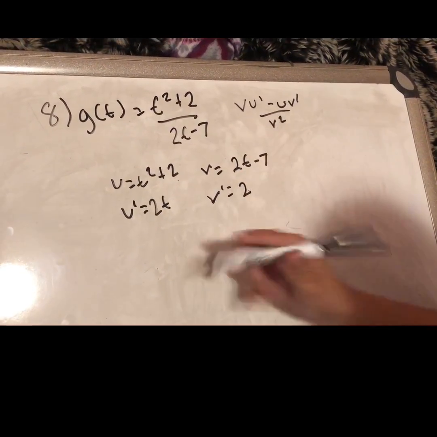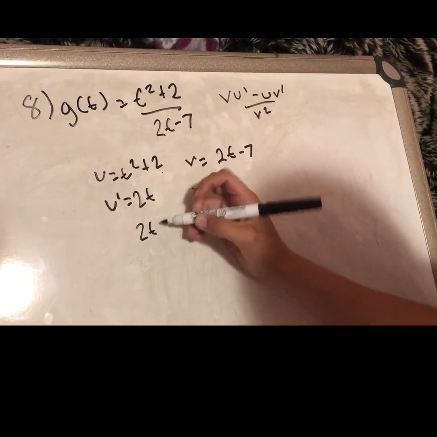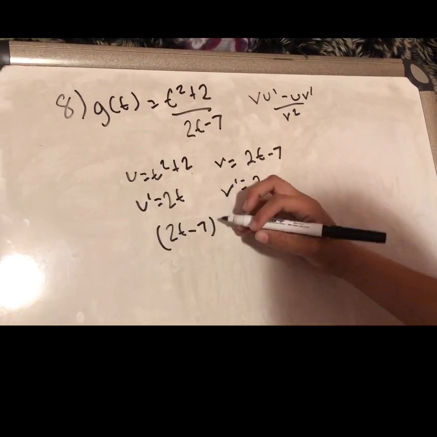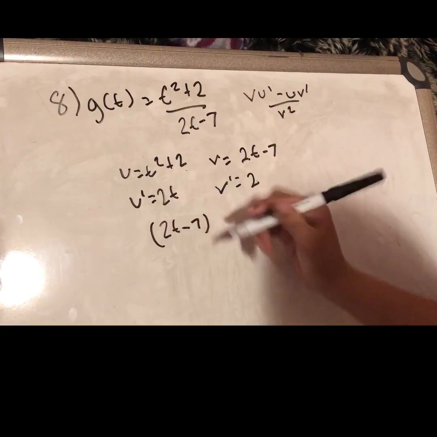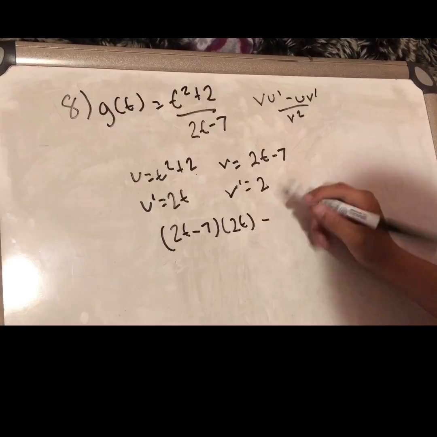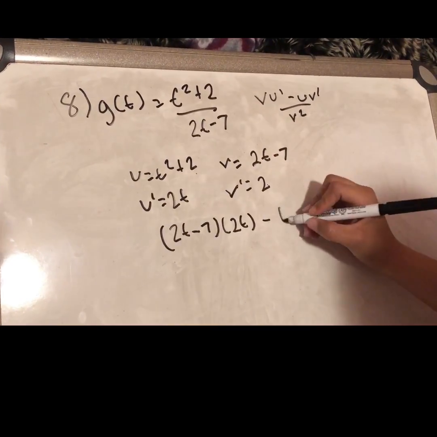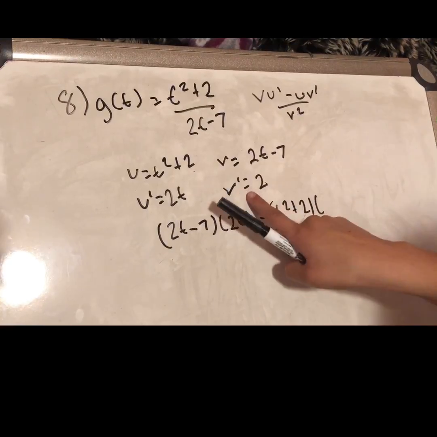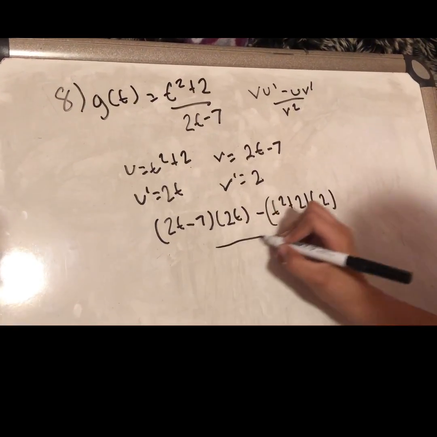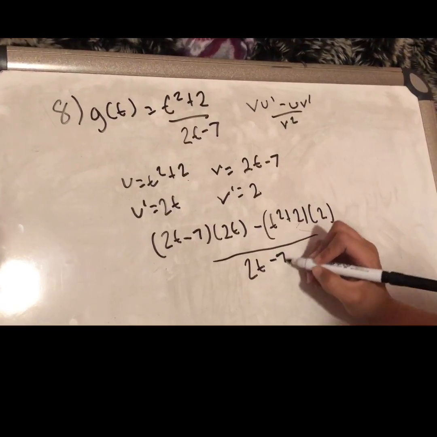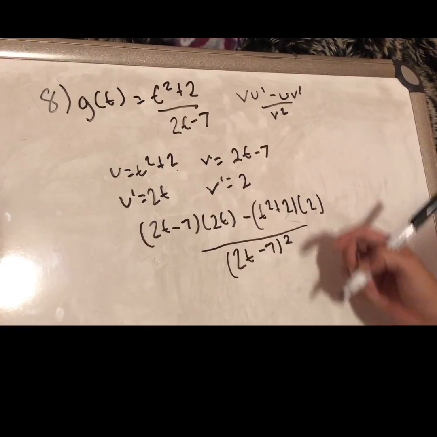Your v is 2t minus 7 times u prime, which is 2t, minus u, which is t squared plus 2, times v prime, which is just 2, all over v squared. So 2t minus 7 to the power of 2.